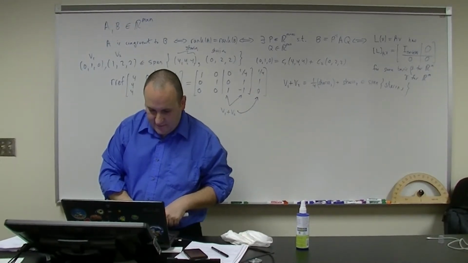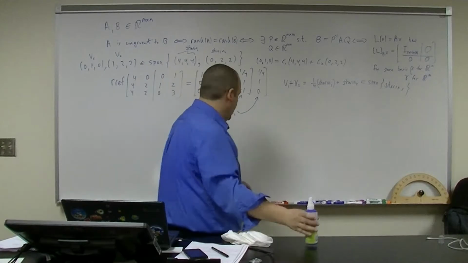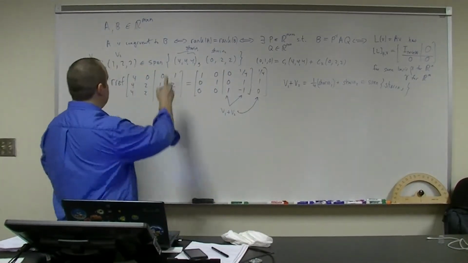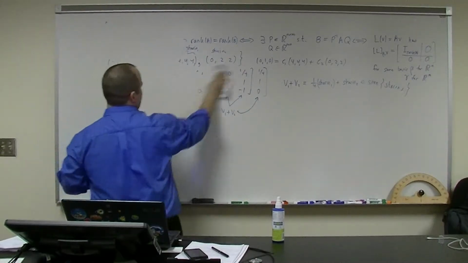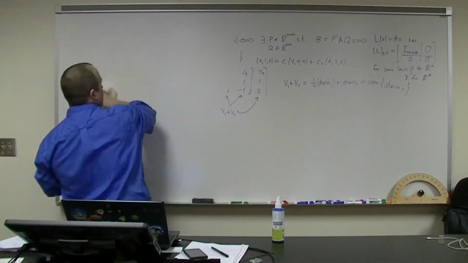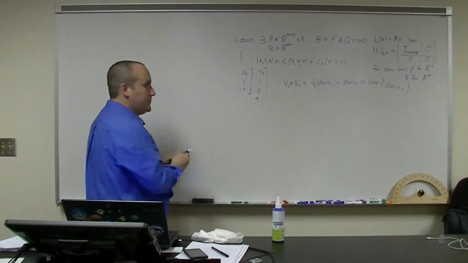Okay, so you guys asked me about Jordan form. I think the best way to answer that kind of question is just to look at an example with some simple data.